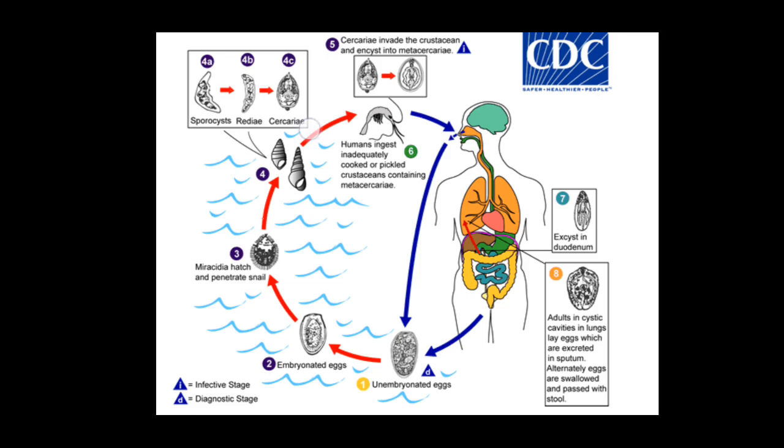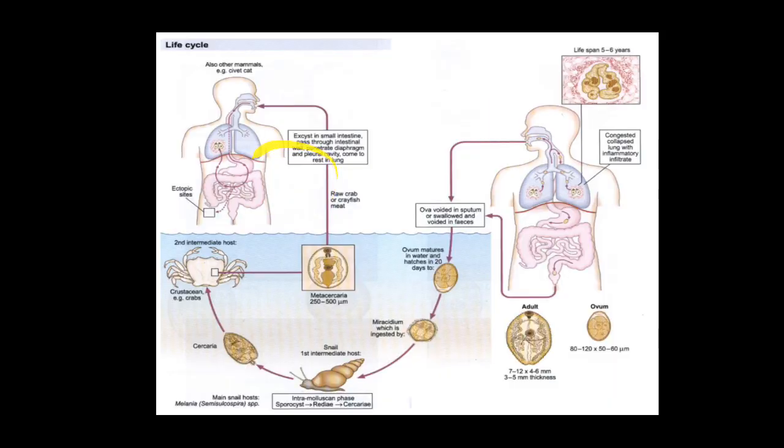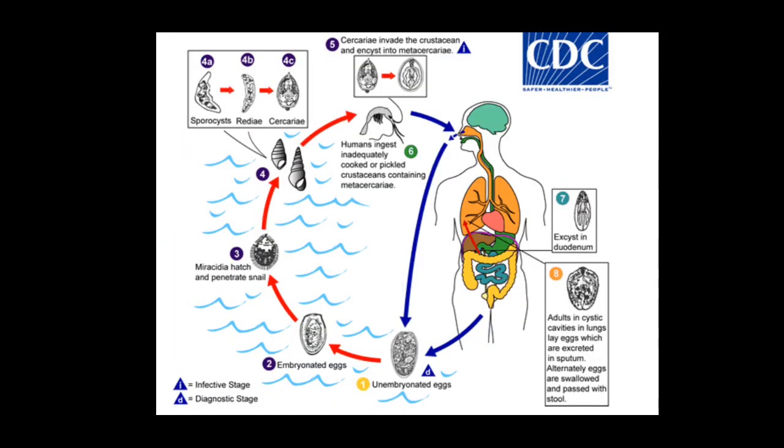And in the snails, it undergoes all these forms: 4A, 4B, 4C, sporocyst, rediae and cercariae. All these forms, the worm passes through all these stages in the snails.